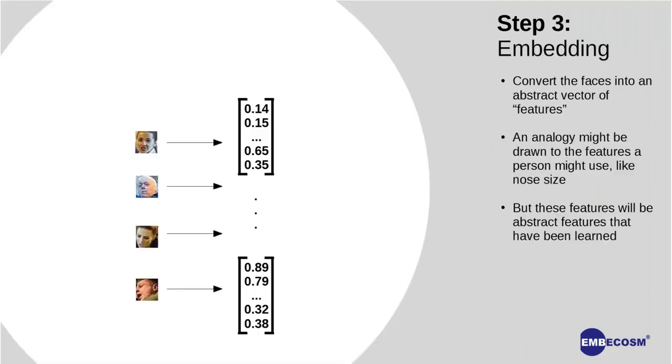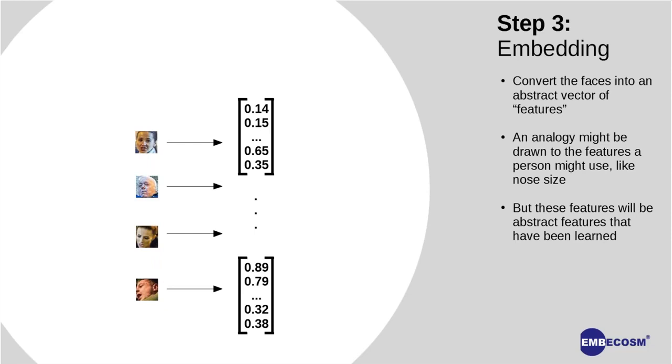Finally, once I've done this, I do probably what most people would call the difficult bit, which is creating an embedding of the faces, basically extracting the features from the faces so that I can make a sensible inference about them. So if you or I look at a face, we will see features like perhaps my eye height, how high my eyes are on my head, as a key feature to identifying me as me.